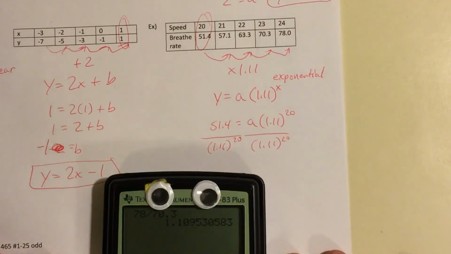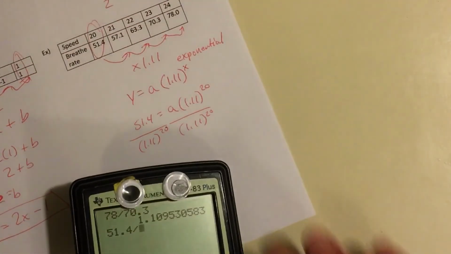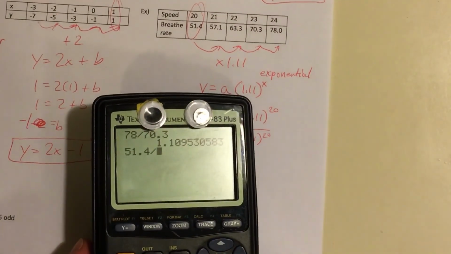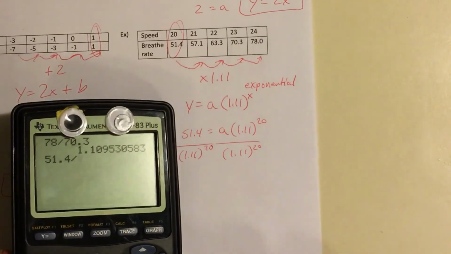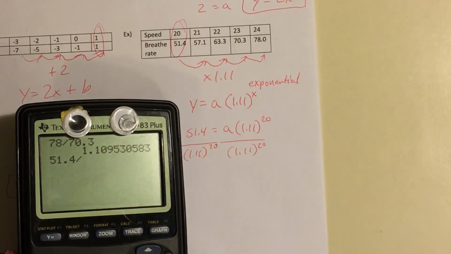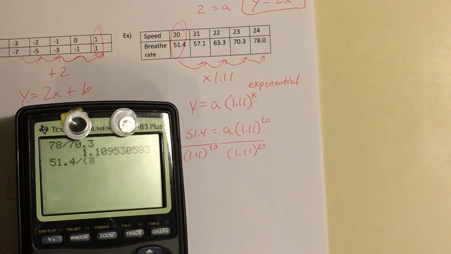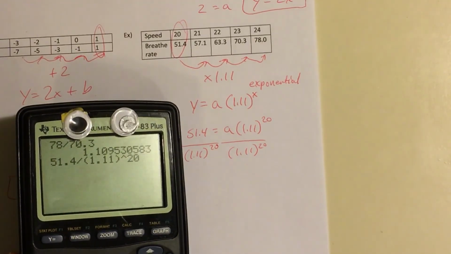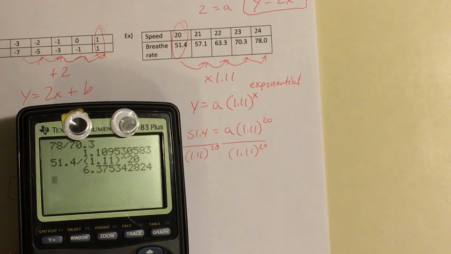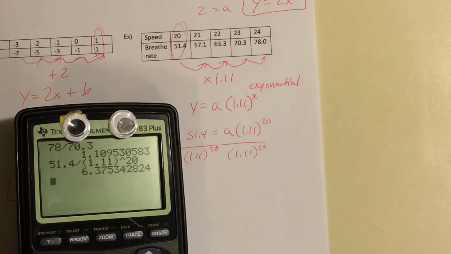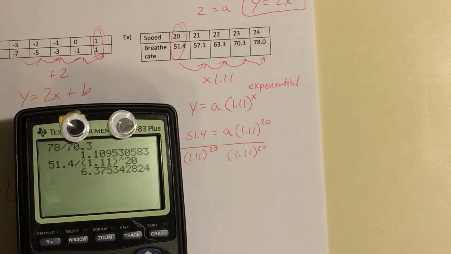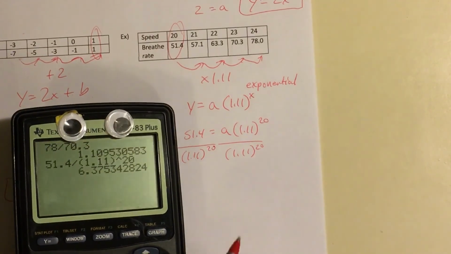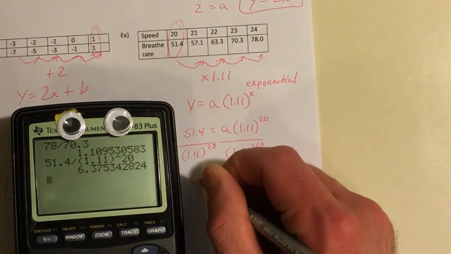So I'm going to put that all in my calculator there. 51.4 divided by, and then I'm going to do 1.11 to the 20th. Do parentheses 1.11. And I get, if I round, 6.38. 6.38 is my a value.